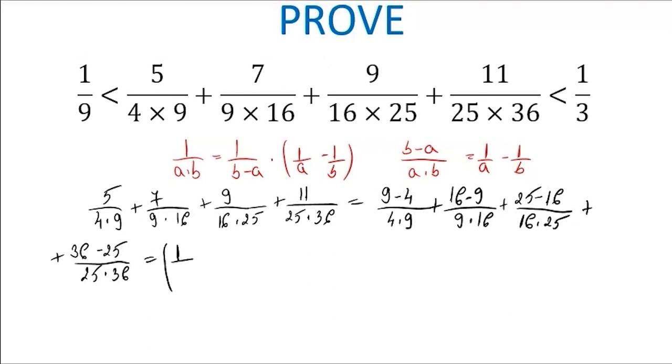So I have 1 over 4 minus 1 over 9. I have used now this formula.